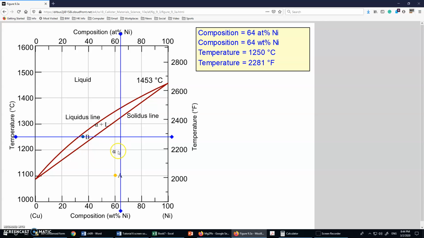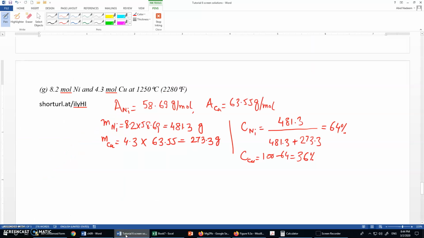So it's obvious that we are in the alpha region. So the phase is alpha, and the concentration of alpha is obviously 100%, with individual percentages of 64 and 36% for nickel and copper respectively.